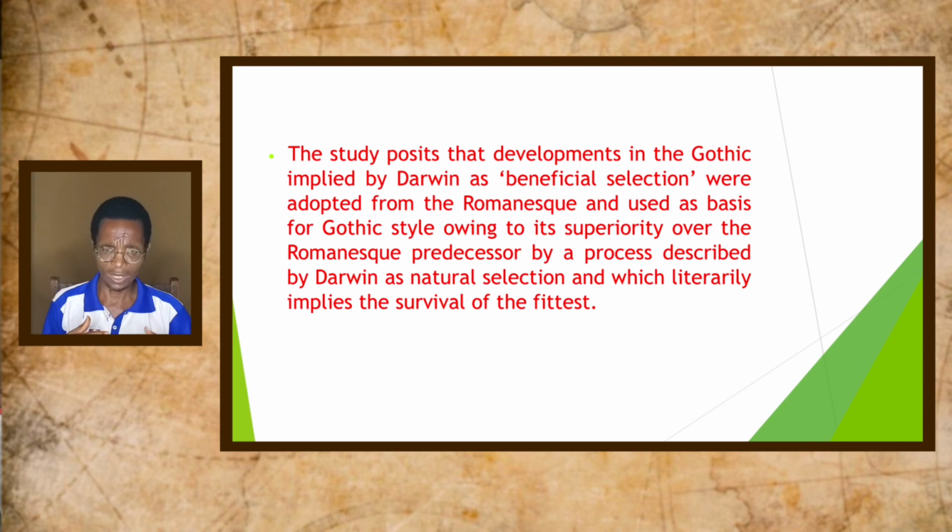And those qualities and characteristics that are adopted or inherited are by a process called beneficial selection. And after it has been selected, it becomes an innate part of the predecessor, and that they have been obtained by natural selection.